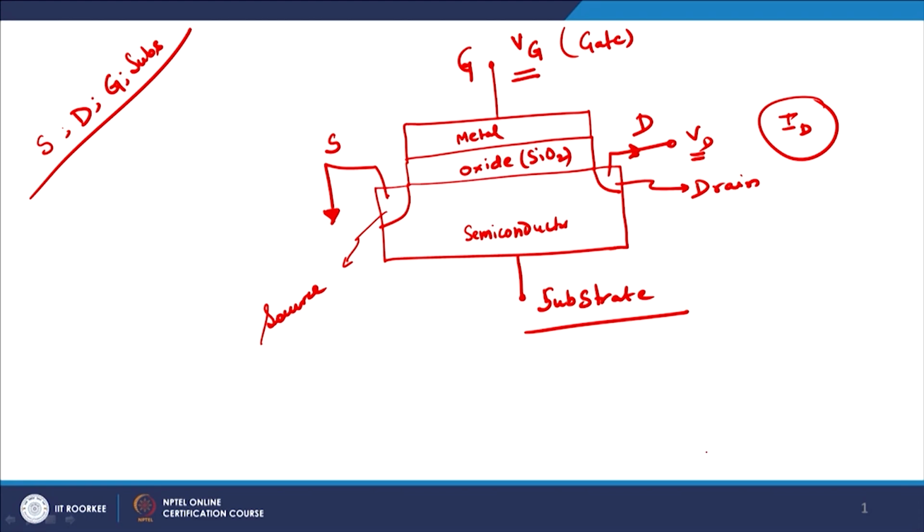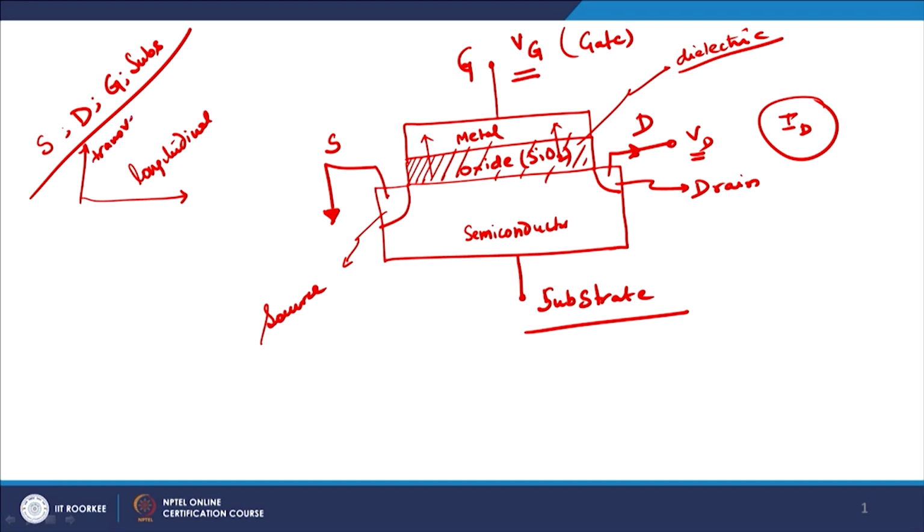Now, since the oxide is there, this is the oxide layer, right. Oxide is basically a dielectric, you remember, and as a result you would not expect to see any current flowing in the transverse direction. So, we refer to this as the longitudinal direction, right, and we refer to this as the transverse direction.